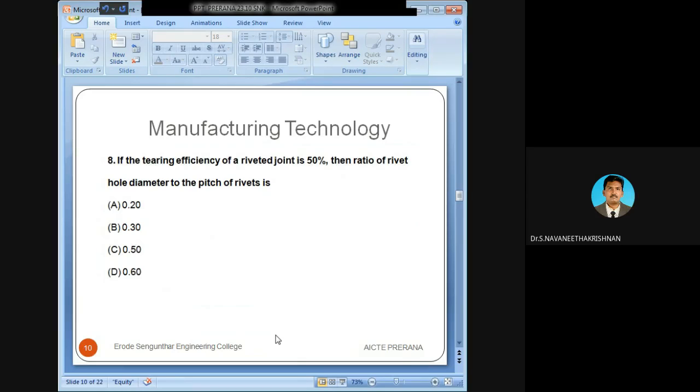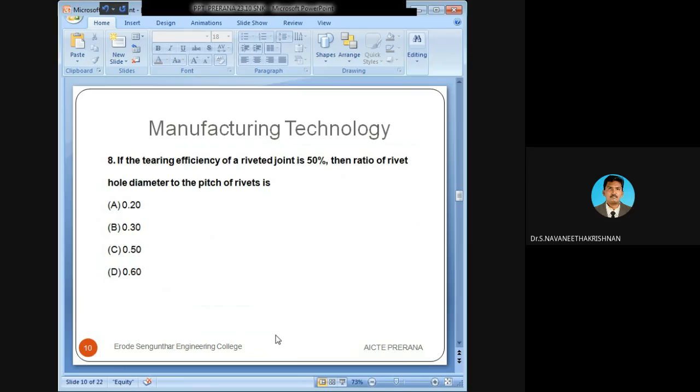The next question is: if the tearing efficiency of a riveted joint is 50 percent, then the ratio of the rivet hole diameter to the pitch of the rivet is? I'll repeat the question.